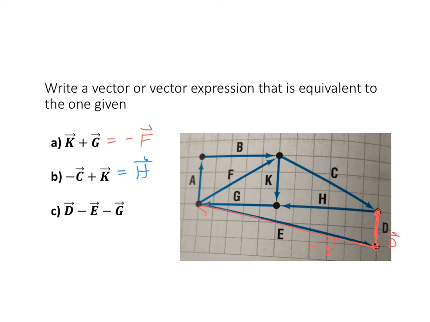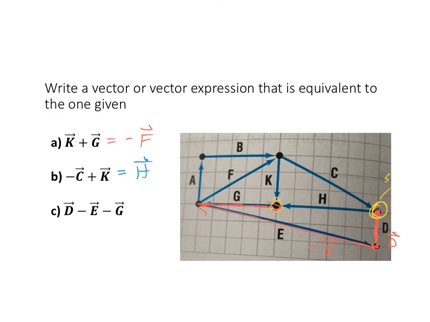So onto that, we're going to add the opposite of e. So we have d plus negative e, which is the same thing as d minus e. And then we're going to subtract g. So we need to go along the g vector, but in the opposite direction, in the direction I'm drawing right now. Then the resultant vector is from where we started to where we ended.